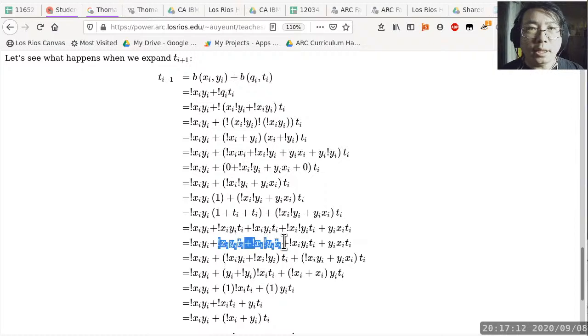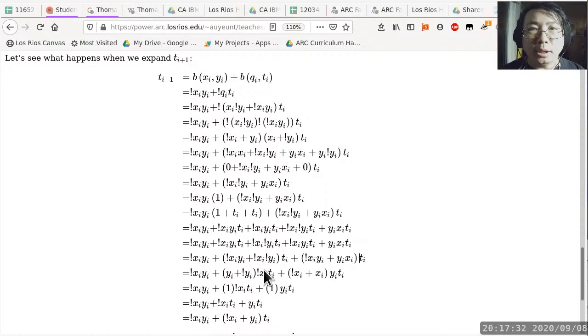Then I applied factoring, so I turned this into this, and I turned that into that. So that's just factoring, which is a skill that I showed already in the case of binary addition.